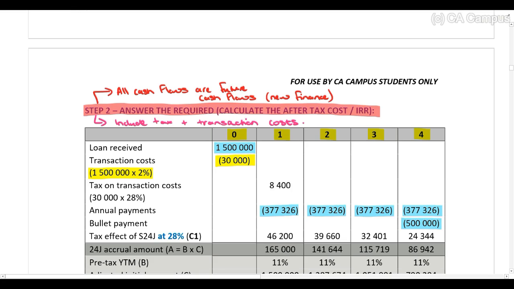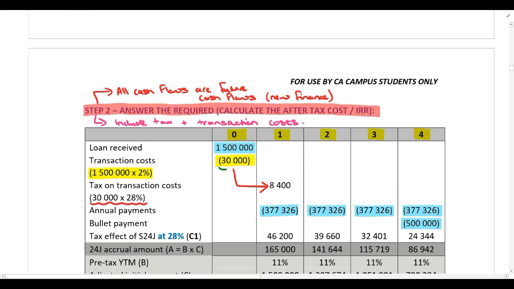However, please note, guys, the company will get a tax deduction for these transaction costs. So there's a tax benefit. So take the transaction costs and multiply by 28% so that you can get the tax benefit on those transaction costs. Please note it's a tax benefit or a tax saving for the company, so it must be shown as a cash inflow.